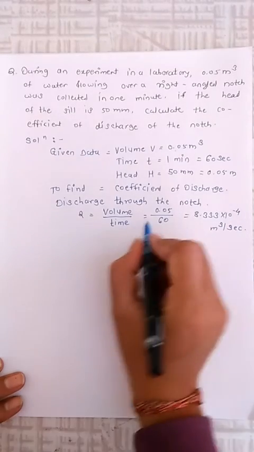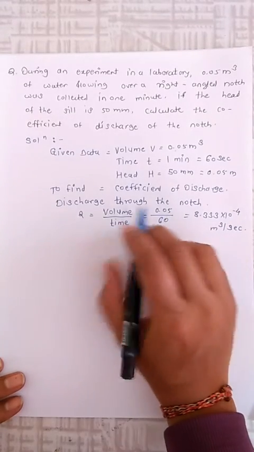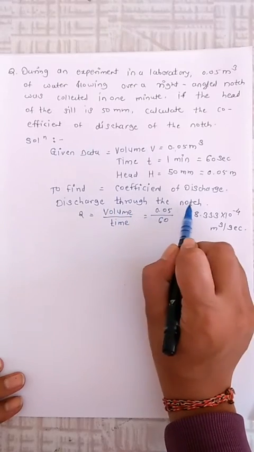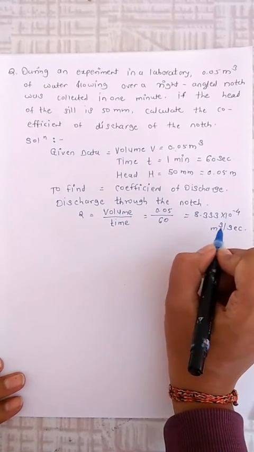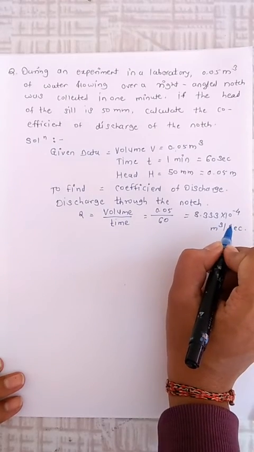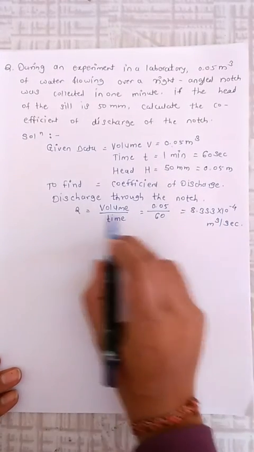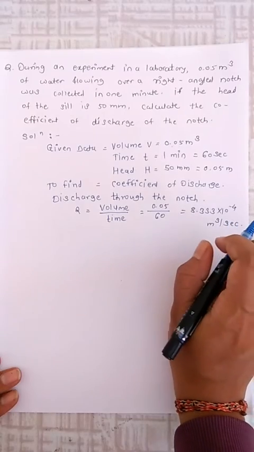Q is the discharge through the notch, and its unit is meter cube per second.